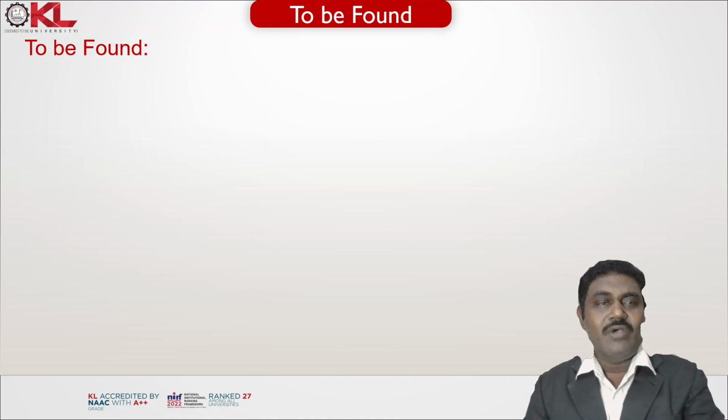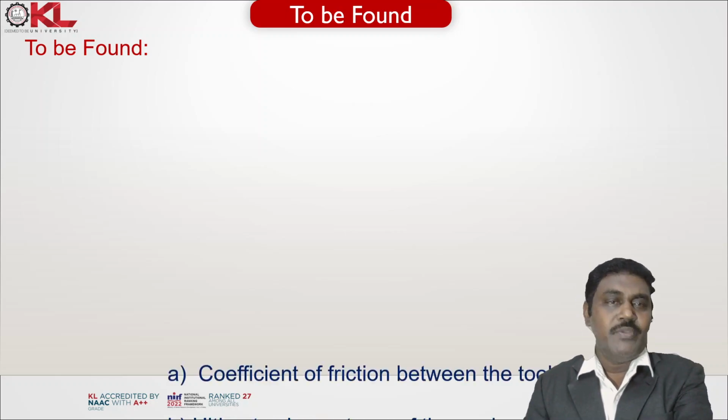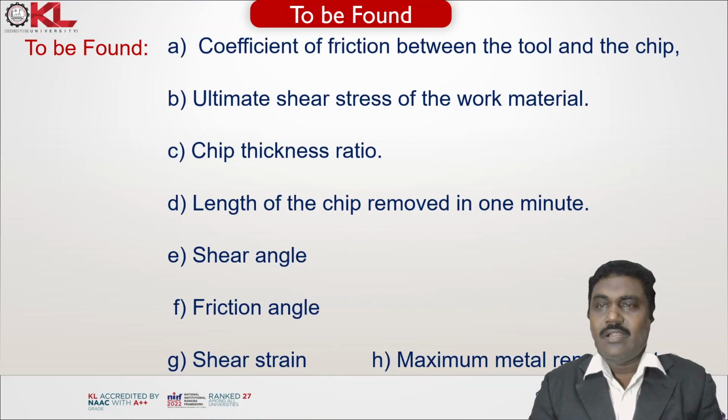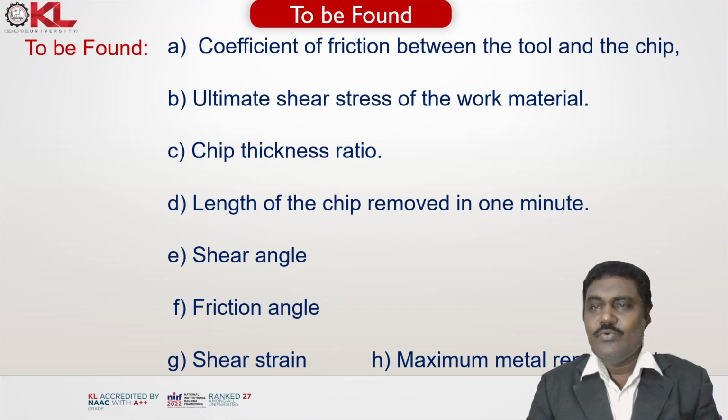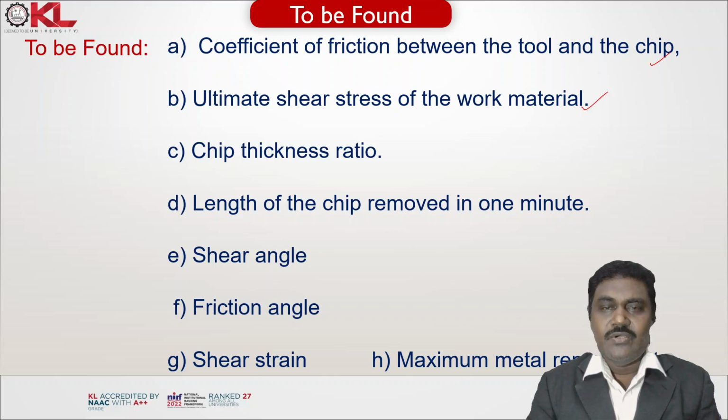Next, what we are going to find out, that is the to-be-found, I have to write here. The first one is the coefficient of friction between the tool and chip, that you are going to determine. Next is the ultimate shear stress of the work material, then the chip thickness ratio.